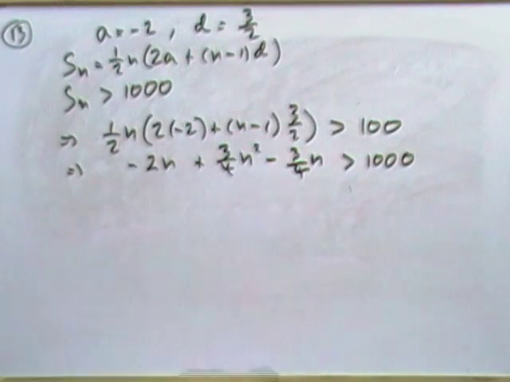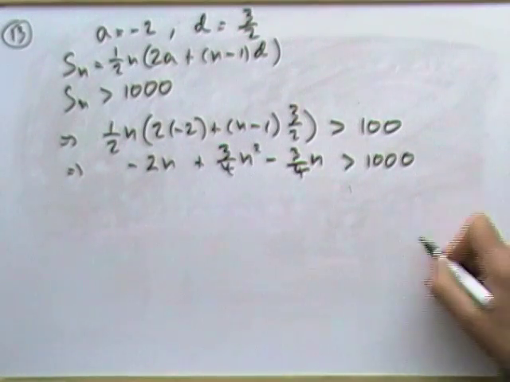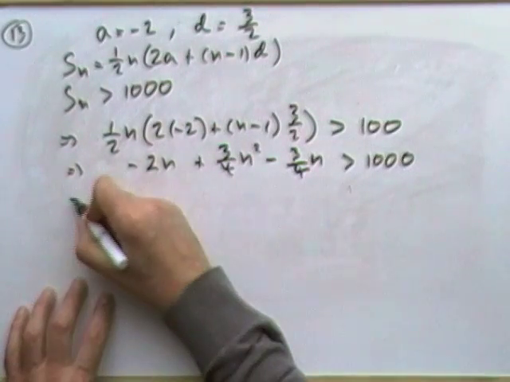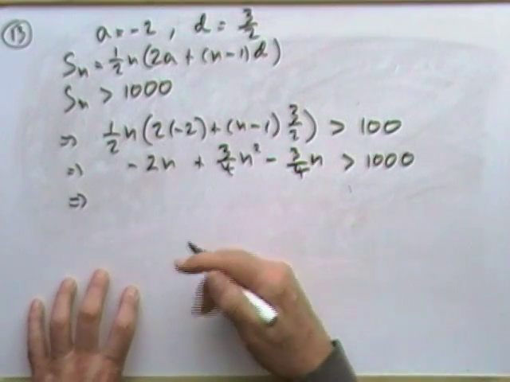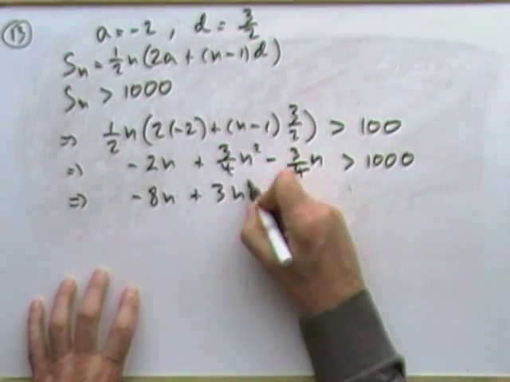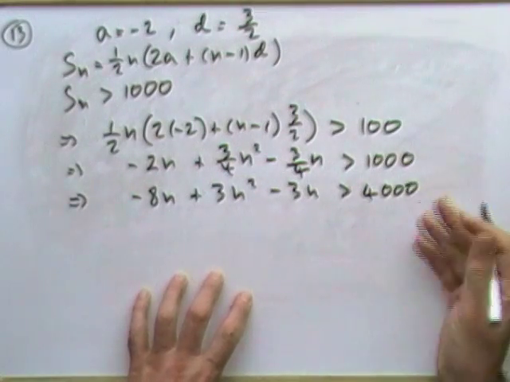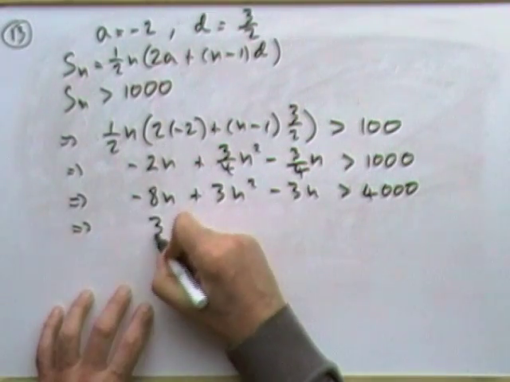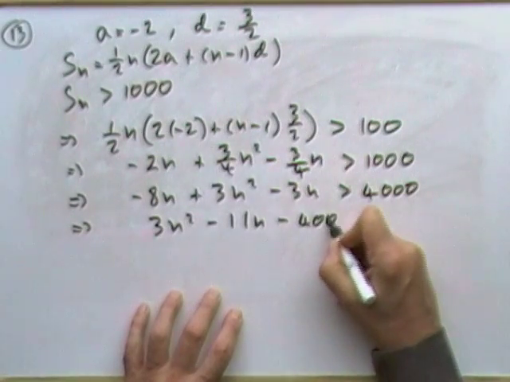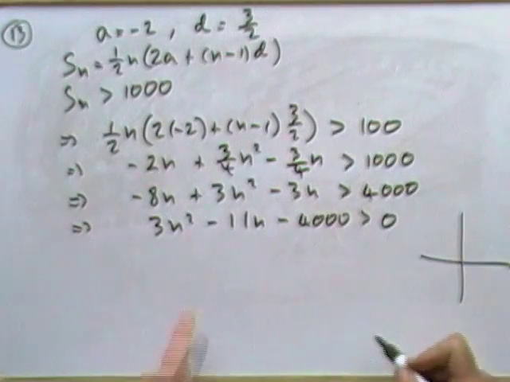For a quadratic inequation, the way you solve that, yes, you can factorise, is by considering the graph of it. When are the answers above, when are they below? First thing I'll do is get rid of these 4's, so multiplying everything by 4. Negative 8n plus 3n squared minus 3n is greater than 4,000. Then taking it all over to one side, I've got 3n squared minus 11n minus 4,000 is greater than 0. Now the graph of that would look like this.